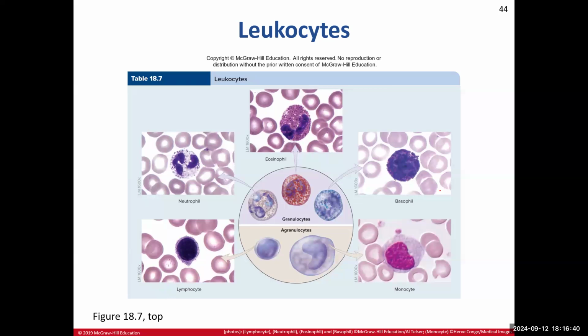We describe them as granulocytes because when we stain them with our dyes for a light microscope, you can see the granules staining quite significantly, very distinct. The other class of leukocytes are the agranulocytes. Even though they have granules in there, they're not going to be as distinct when we stain them. So we break them down into those two groups.